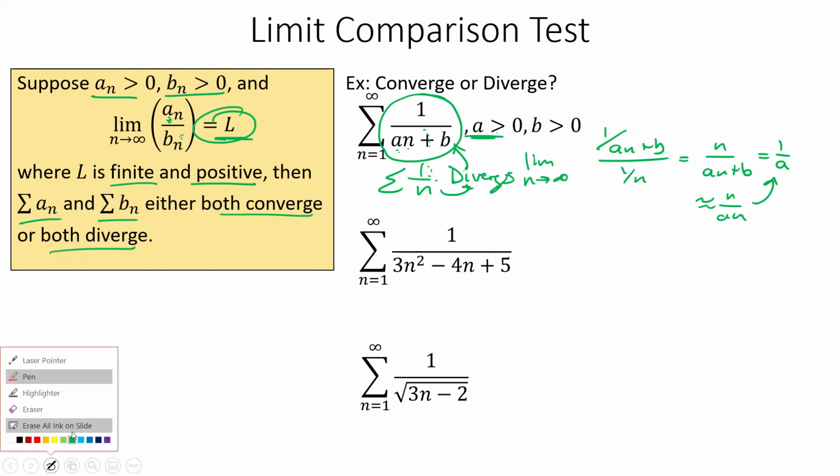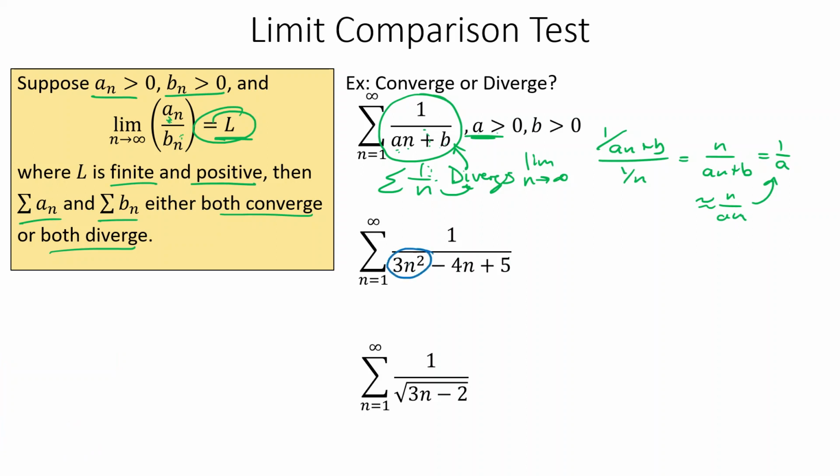All right. And now what ends up happening is we really just have to look at the largest degree term on the bottom and just compare it to that. Well, so we can compare this to 1 over n squared.